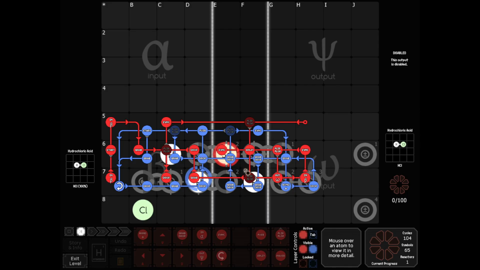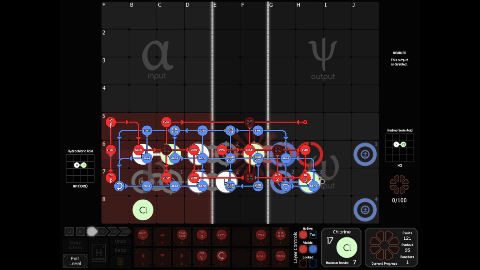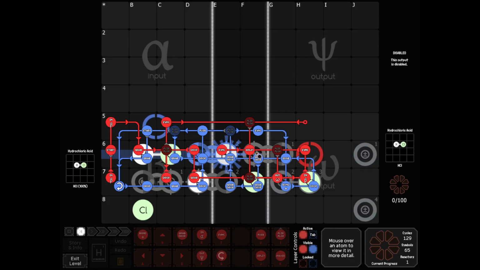Okay. So now there's selenium and hydrogen in there. The selenium gets split now into chlorine. So there are these 4 grab drops in the middle, and blue passes through them actually in slightly different ways to swap these atoms around.